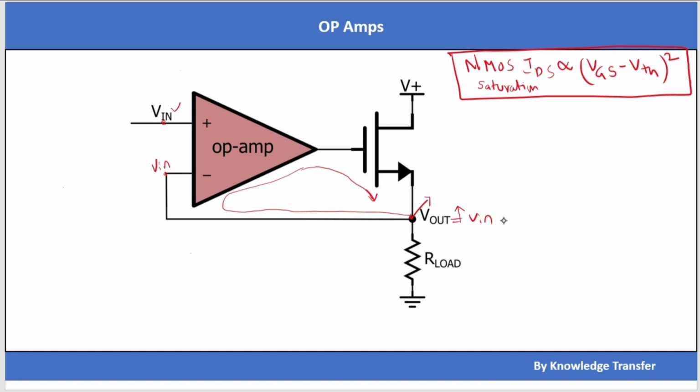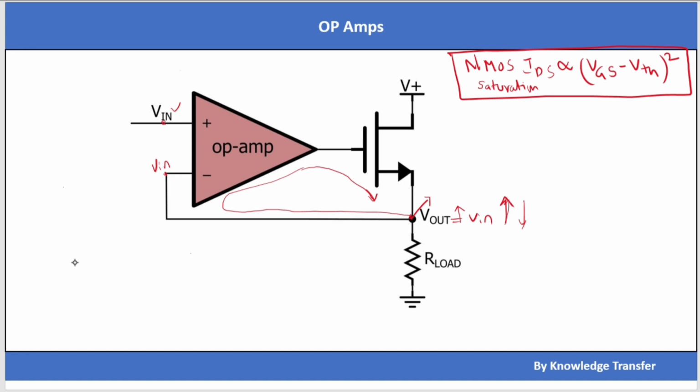Let's assume there is some disturbance here. If this is a negative feedback system and the disturbance increases the output voltage beyond V in, the system should decrease that disturbance. That means it should act opposite to the disturbance. We need to see whether that is happening in this system.